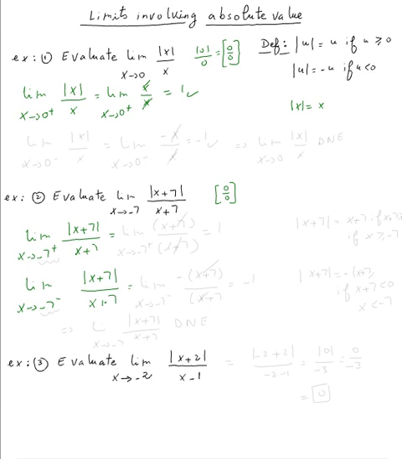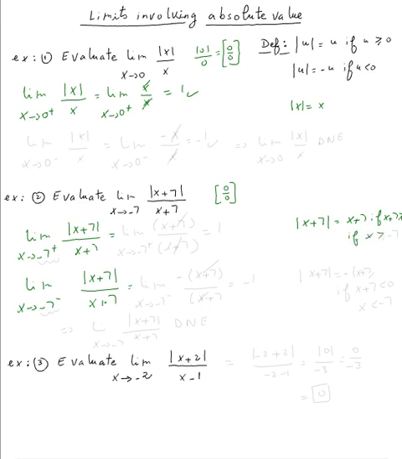Now, we know by definition the absolute value of u, where u happens to be x plus 7 here, is going to be equal to what's inside, u, if x plus 7 is positive. What does it mean that x plus 7 is a positive number?